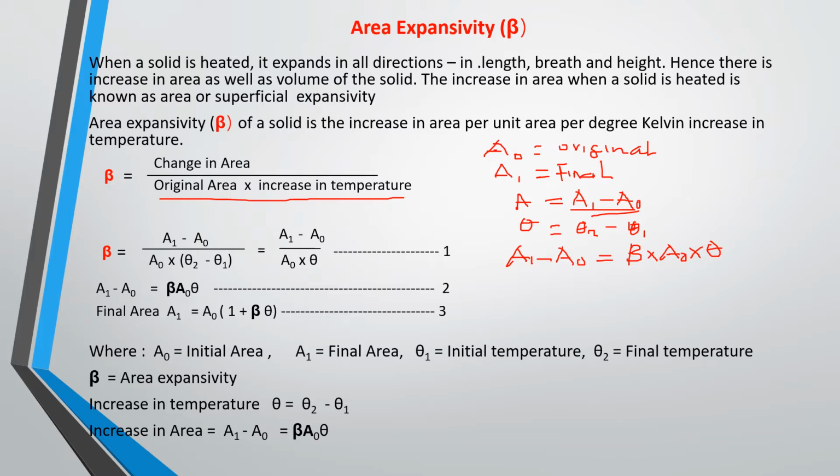So assuming you are asked to find the final area of an object, you can rewrite this equation to be final area equals A0, remember the way we wrote it for linear expansivity, 1 plus area expansivity times change in temperature. So depending on what you are asked to find, you can use this equation to find the new area of a solid. Okay, so this is the equation for area.